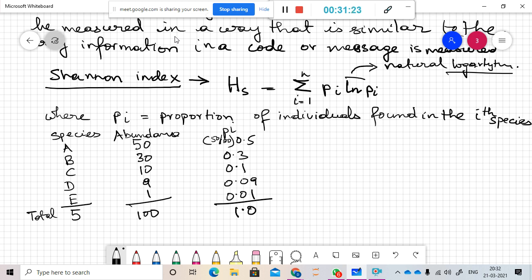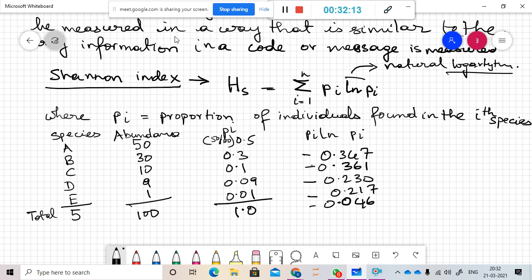And if you see the log table and multiply Pi into ln Pi, it's minus 0.347, minus 0.361, minus 0.230, minus 0.217, minus 0.046.